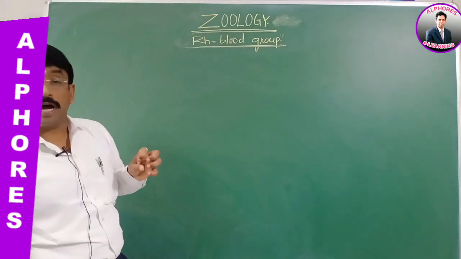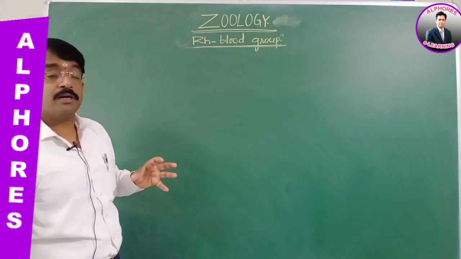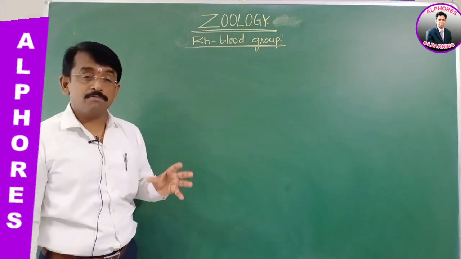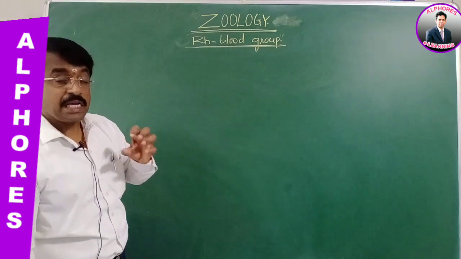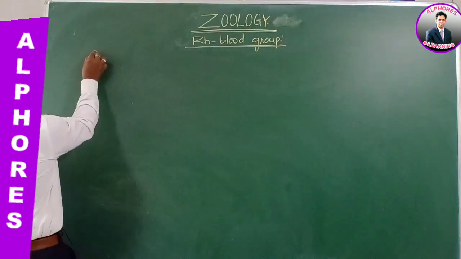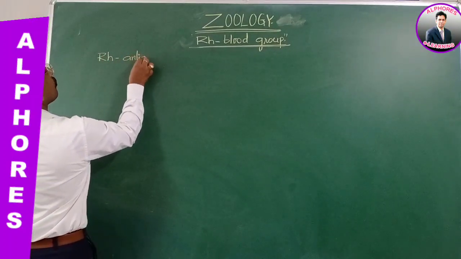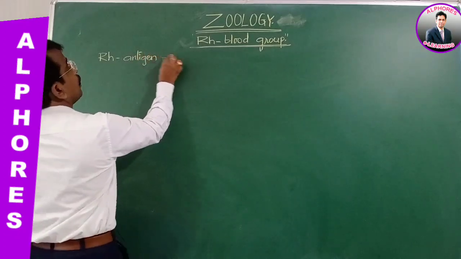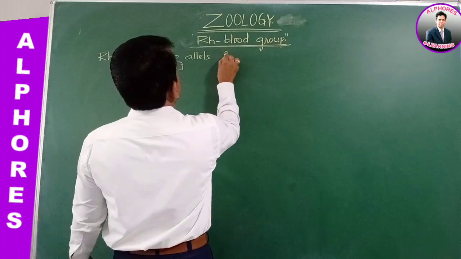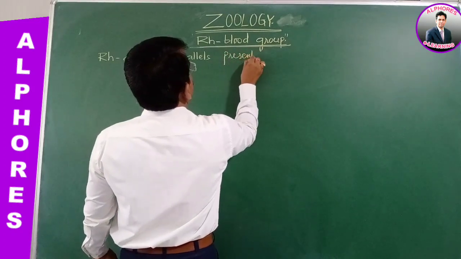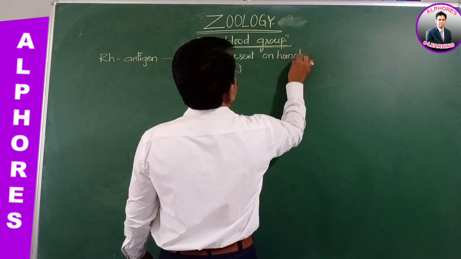We have discussed that the ABO blood grouping system is under the control of the gene I, and it is present on chromosome 9. In the same manner, the Rh antigen controlling alleles are present on a homologous pair of chromosome 1.